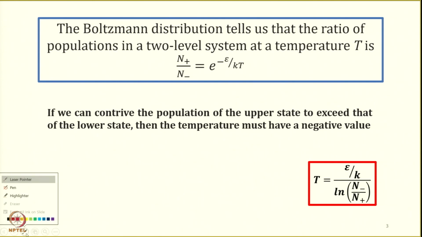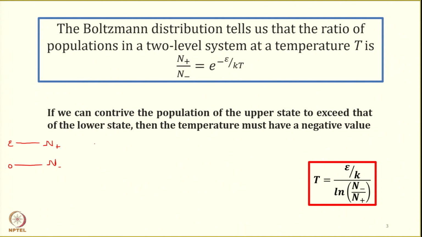Let us write down these two states. This is 0, this is E, and let us say the population or number of molecules in the upper state is N plus and the lower state is N minus. Then, as we just discussed, N plus divided by N minus is going to be exponential minus E upon kT.